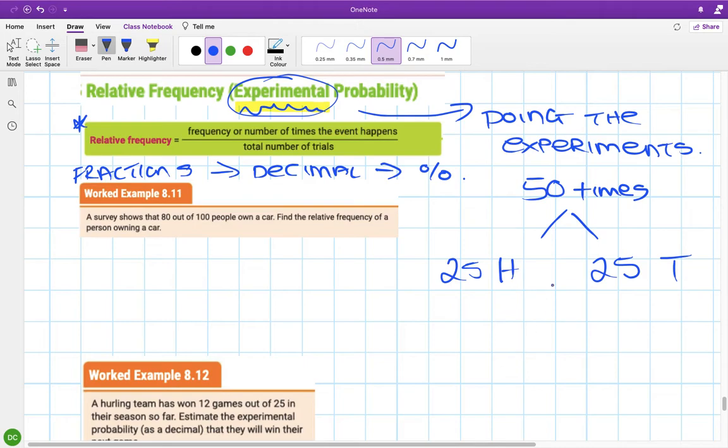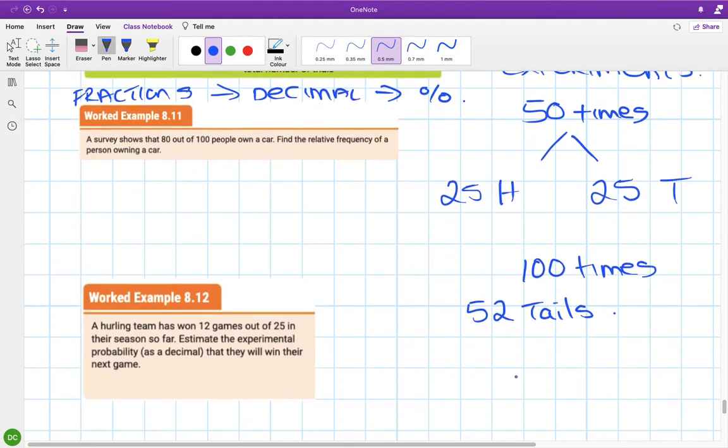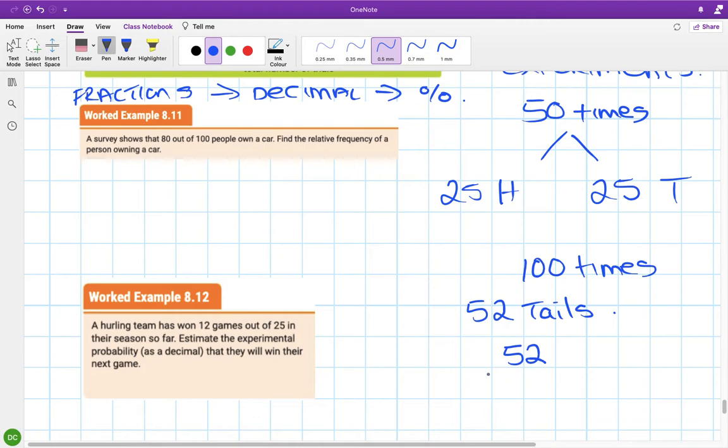Okay, so let's say we do this, which we are going to do, and I ask you to flip the coin 100 times. And let's say you get 52 tails. And I ask you for the relative frequency of getting tails. You simply create a fraction. You put the tails over the total number of flips, and you can then type that into your calculator using that fraction button again, this one here.